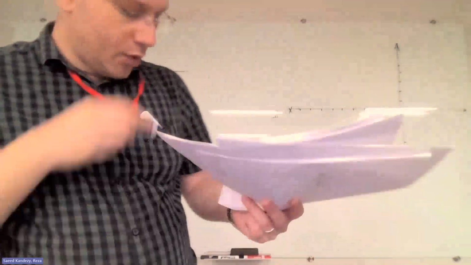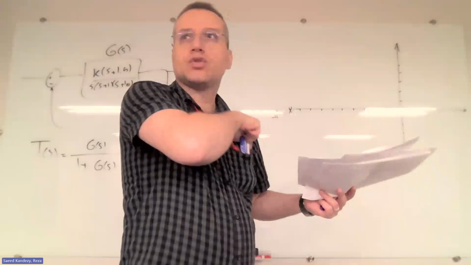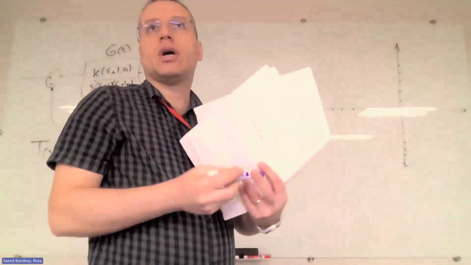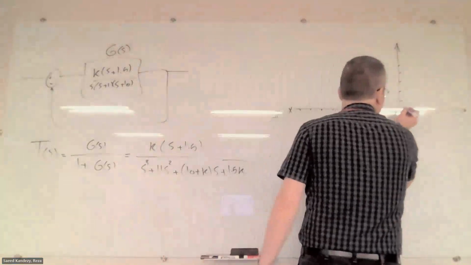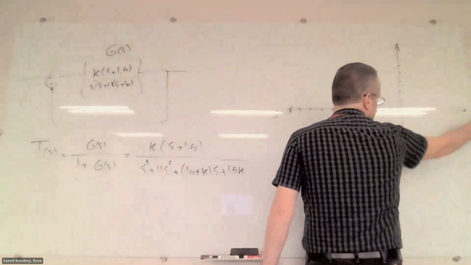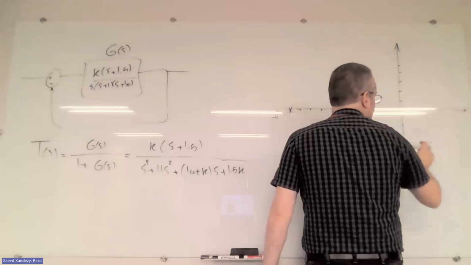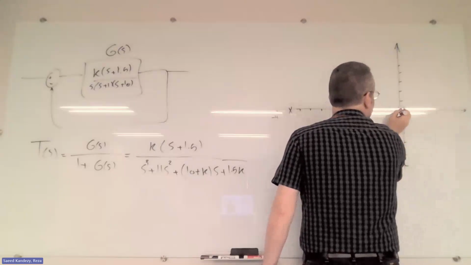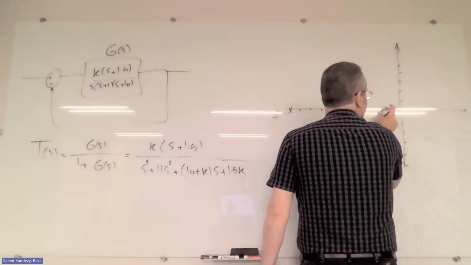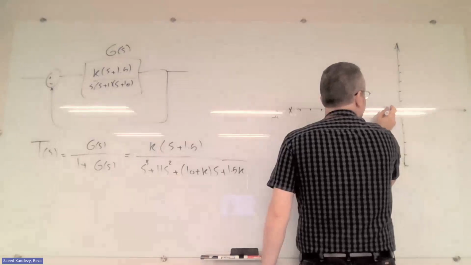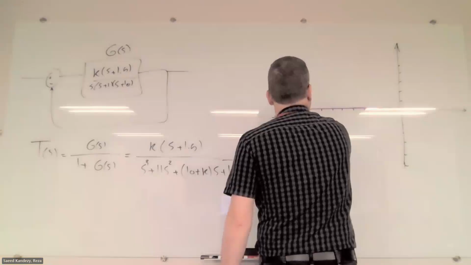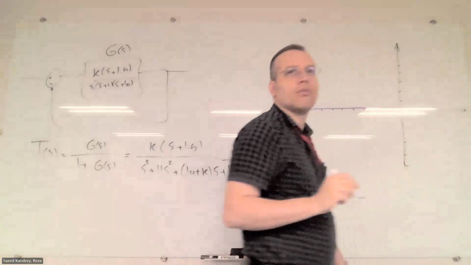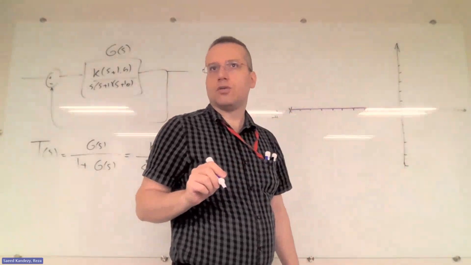The first thing that we always did was to find out what sections of the real axis would include the trajectories. So we know this part is a part of our trajectory, this one is, this is not. There is no trajectory here, and we have a trajectory here. Are we good so far?